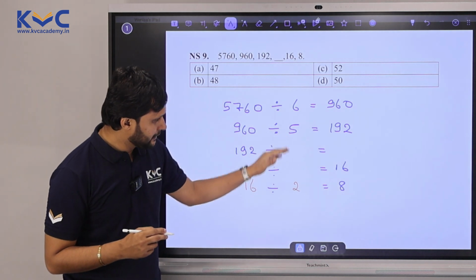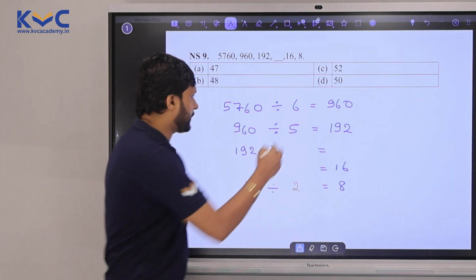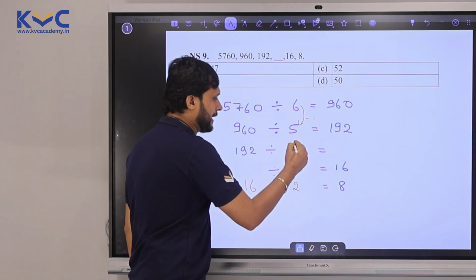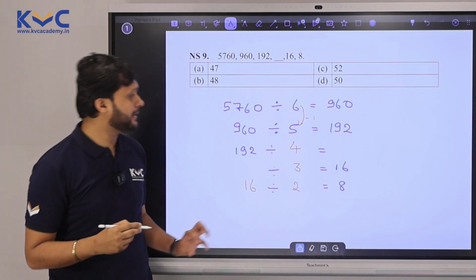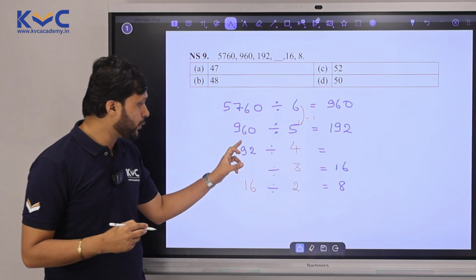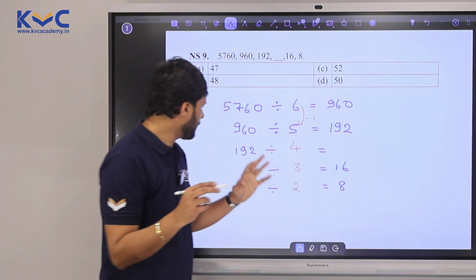6, 5. 2 missing numbers, and then we have divided by 2. What do you think it should be? From here to here, from 6 to 5, we have minus 1. So then we should get divided by 4, divided by 3. Then we have divided by 2. Correct. In that case, what should this number be equal to? 192 divided by 4, which is 48.